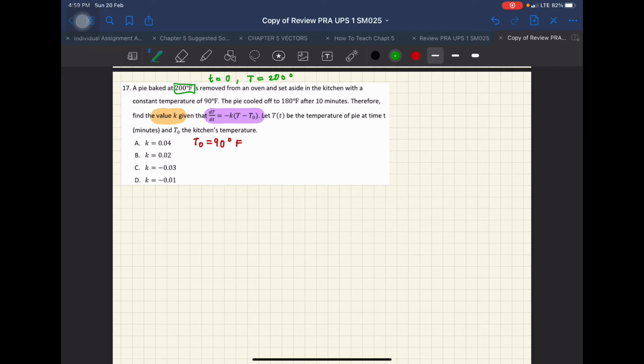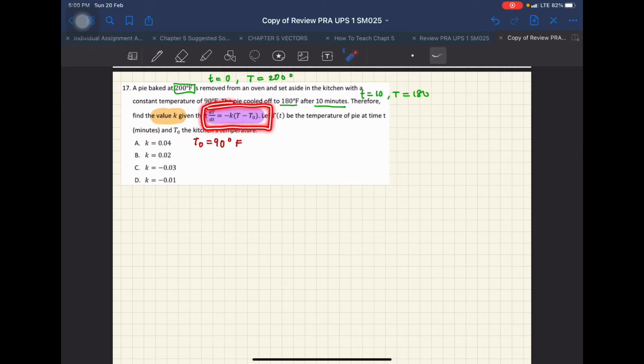Okay, and then dia bagi lagi satu information, this one. Okay, so and this one, which means that at t kecil, small letter t is equal to 10 minutes, your big T temperature is equal to 180. Okay, so now let's substitute this information that we have into this one.